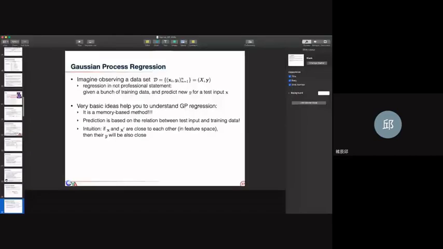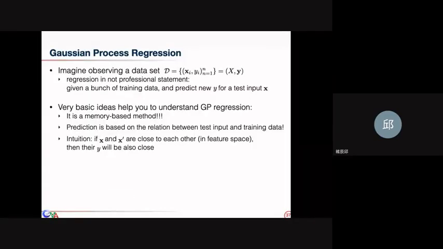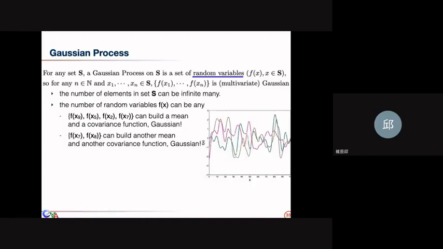It's all about the relation between the data points. Actually, your regressor is now defined based on the relation between the data points. Your regression is now defined based on your data points.